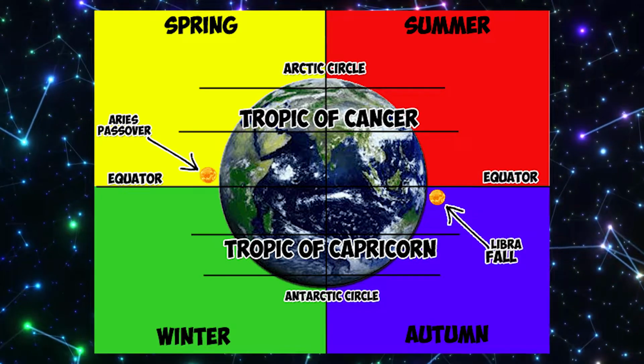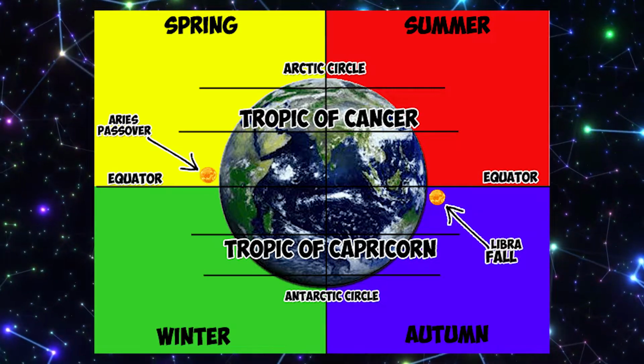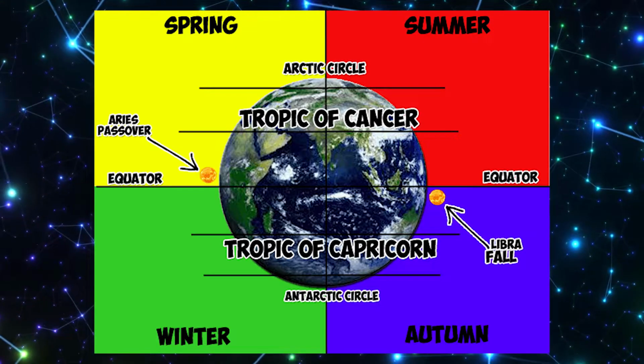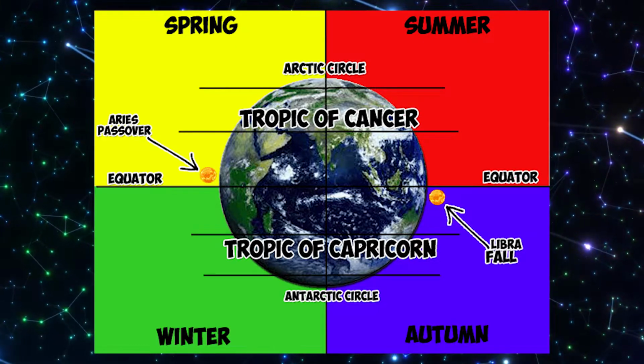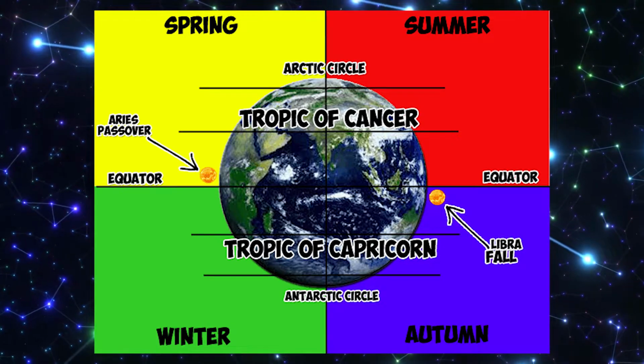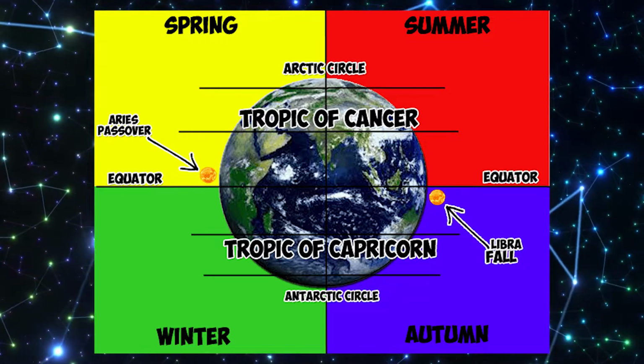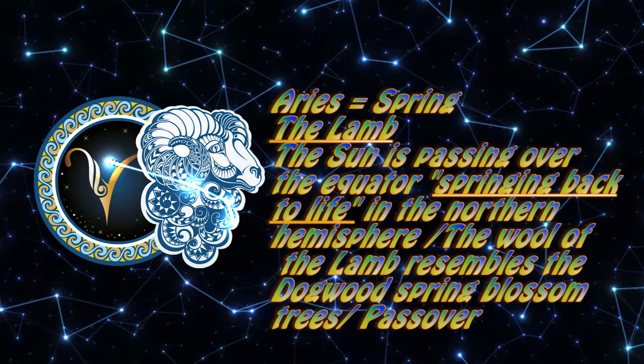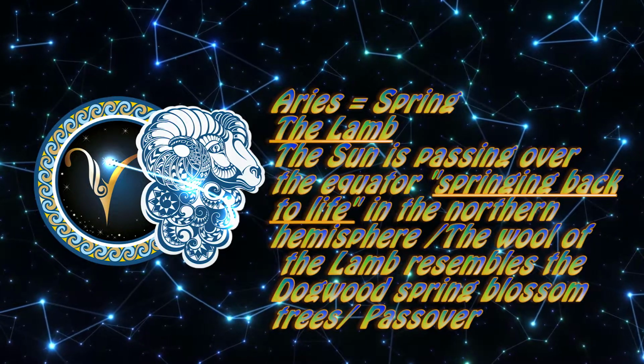So when the sun is in Aries, it's spring up north. This is only for up north, a northern hemisphere view. People down south looked at it in a different way.